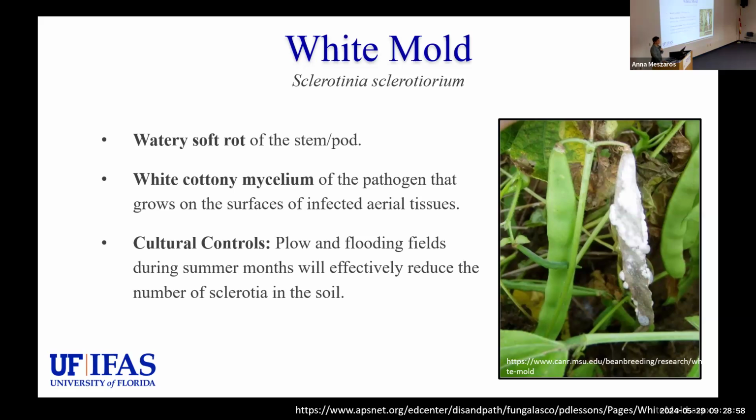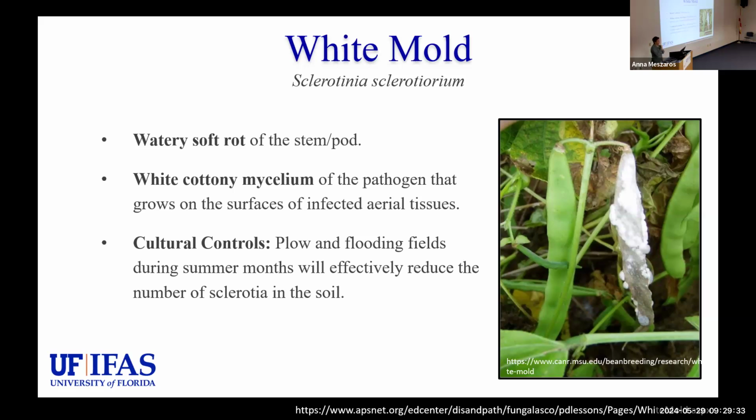And another thing is that this pathogen is going to produce what's called sclerotia in the soil or in a sample like that in here. It's where it's starting to form. It looks like a bean, like black beans, with an irregular shape. And what's interesting about this structure that the pathogen produces is that it's going to survive in the soil for many, many years.